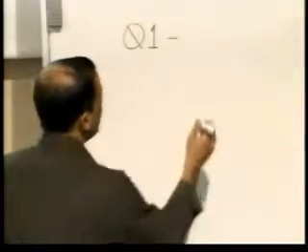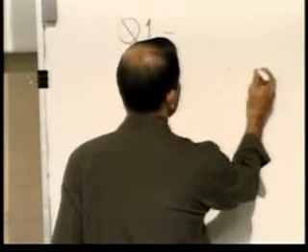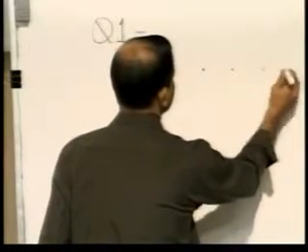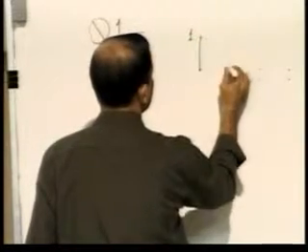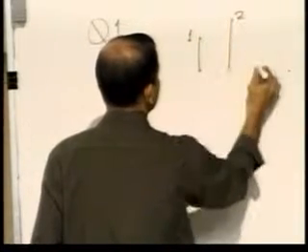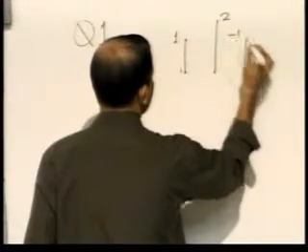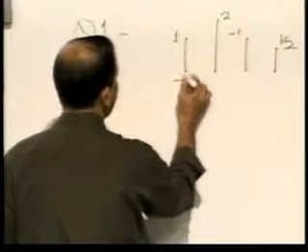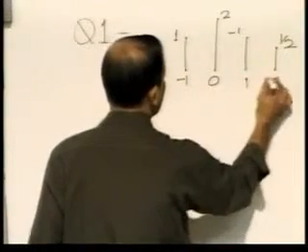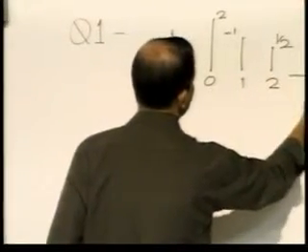So, in fact, you are told that the impulse response is like this: 1, 2, -1 and half, respectively at -1, 0, 1 and 2. This is the impulse response, h[n].